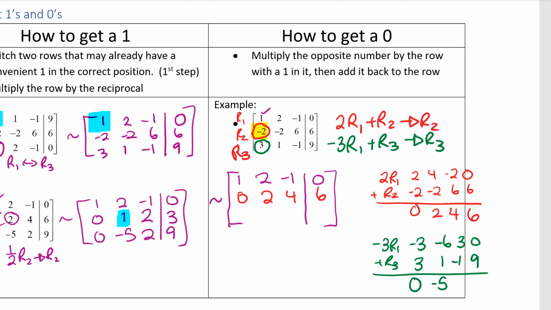That's what I was hoping for. Negative 6 plus 1 is negative 5, 3 minus 1 is 2, and 0 plus 9 is 9. So I have in the bottom row 0, negative 5, 2, and 9. And now I already had the 1 in position, but now I have the zeros below it. So I have now completed the step where I wanted to get zeros above or below, in this case below the 1.